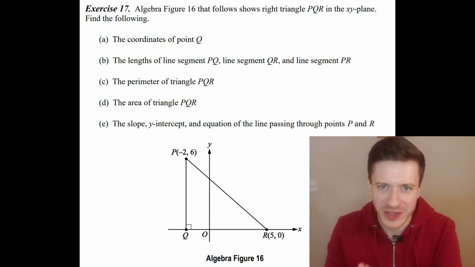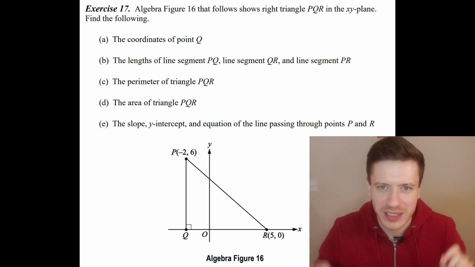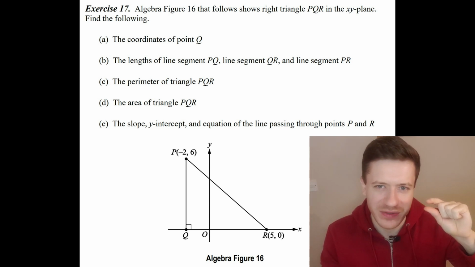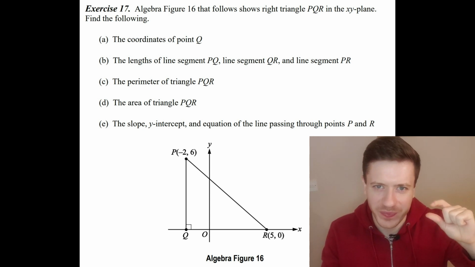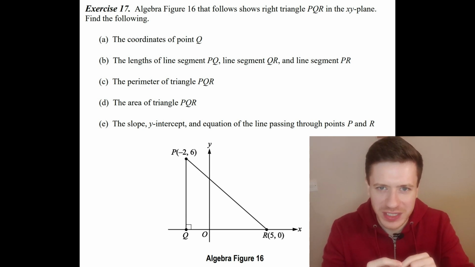Let's take each of those in turn. For the slope, I'm going to use the rise over run approach. How far have we risen to go from (-2, 6) to (5, 0)? Focusing on those y coordinates of 6 and 0, we have fallen actually by 6. We haven't risen by 6.